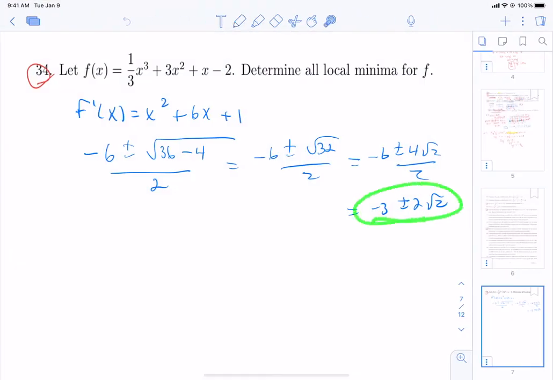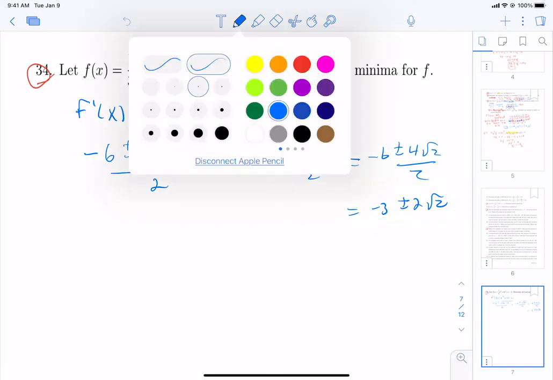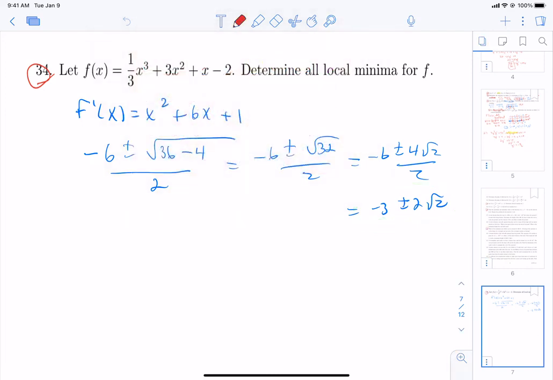So these are the critical numbers. So there must be a minimum and a maximum of those things. Making a plus or minus chart would be tough because you don't have a calculator. Now square root of 2 is 1.4, so you could kind of gauge what that is if you knew that was 1.4.